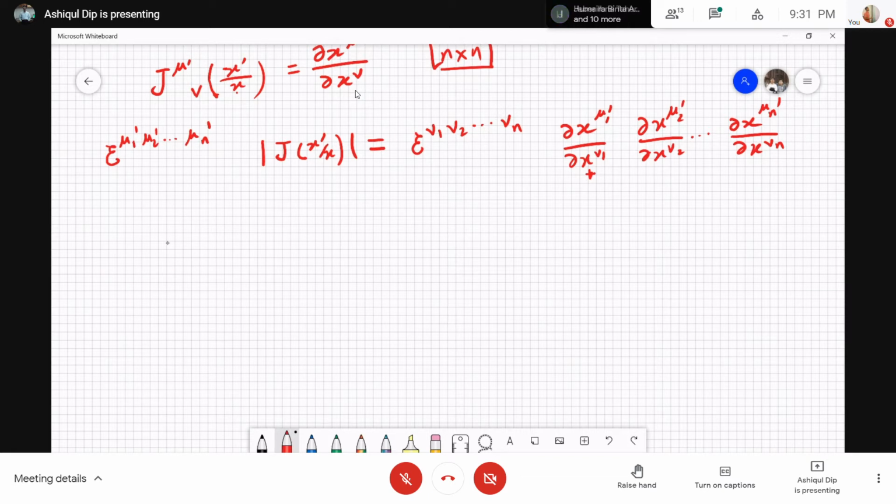So now in n dimensions, say you have your coordinates like x1, x2 up to xn. You go through a transformation. You are trying to make a coordinate transformation, that is x1 prime, x2 prime up to xn prime, like that.